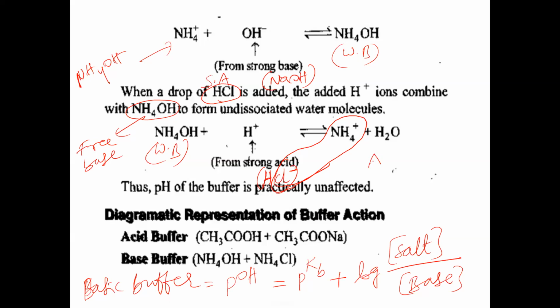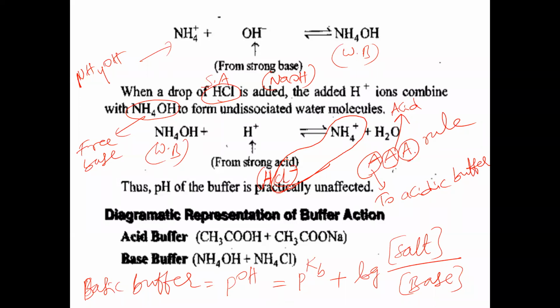Take the triple A rule. In the notebook you mention triple A, not triple R. Triple A means: to an acidic buffer, when acid is added, whose concentration will increase?